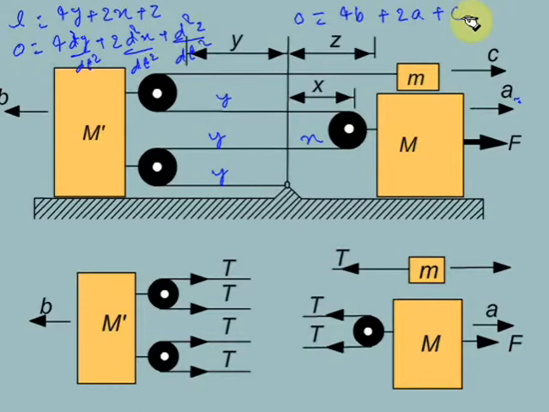So this is the relationship between the accelerations of these three blocks, that is 4b plus 2a plus c is equal to 0. So we'll keep in mind this thread constraint.